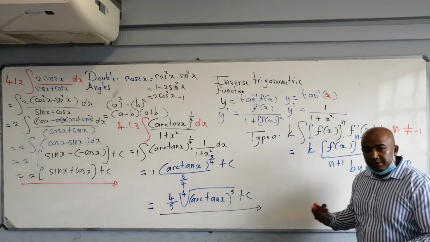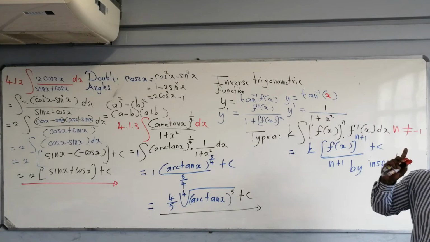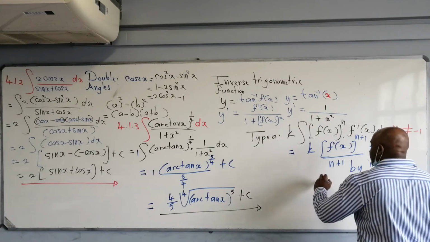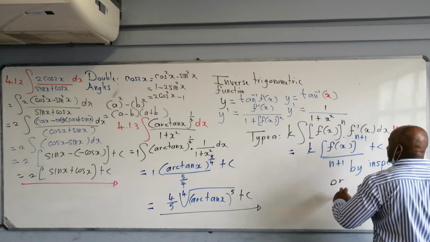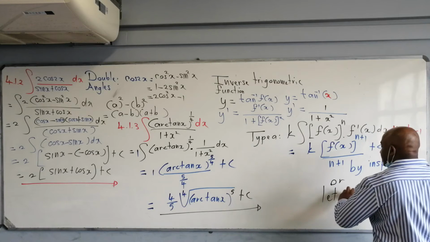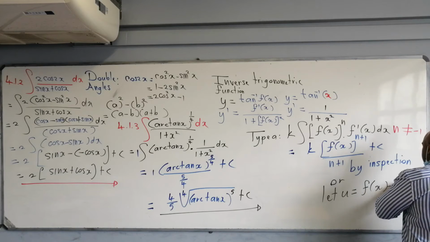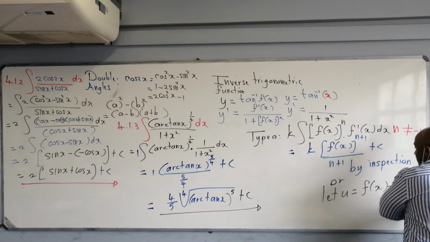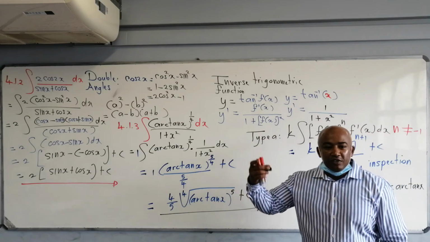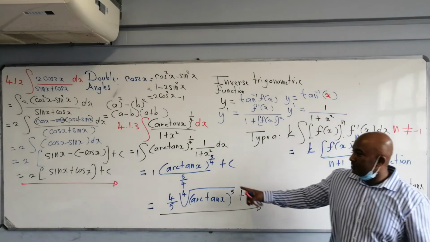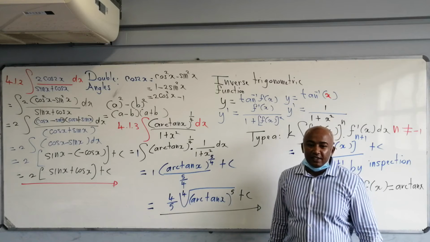Now all the examples by inspection can also be done by using a substitution. You can always let u equal f of x, which is arctan x. And then you find du over dx, and then what will happen? 1 plus x squared will cancel.